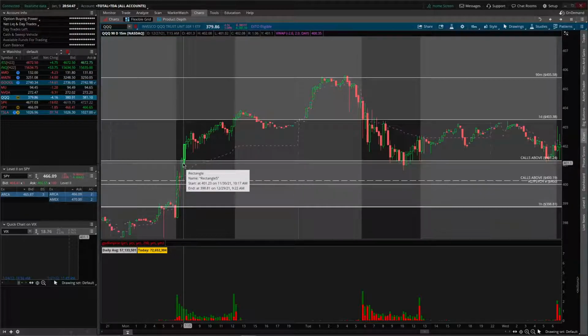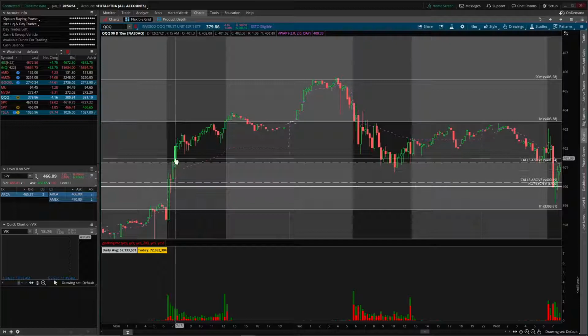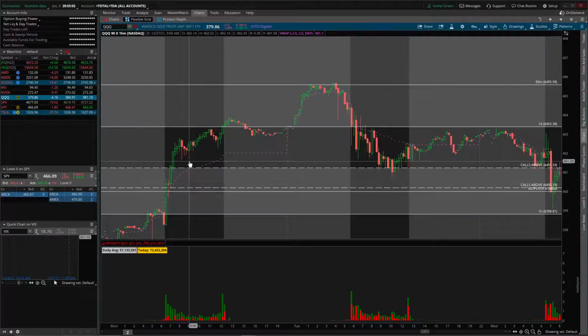We basically get above, so we open here, we close here, and we open above. That's what you want to see. You want to see these green candles or red candles, depending on which direction.